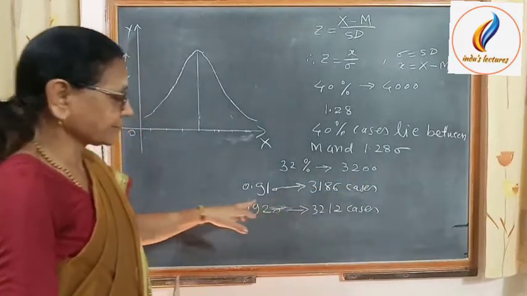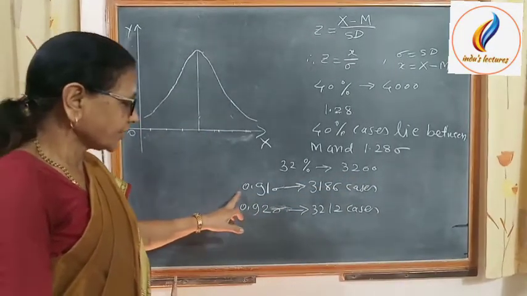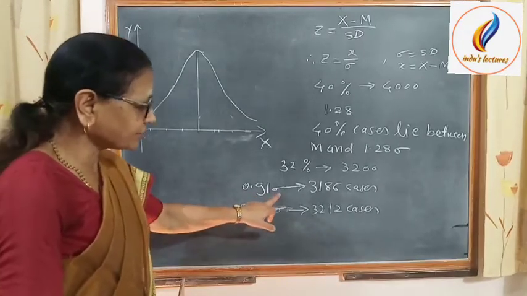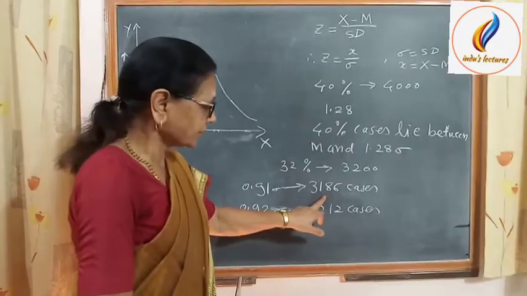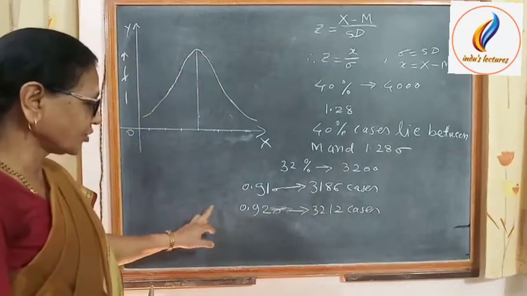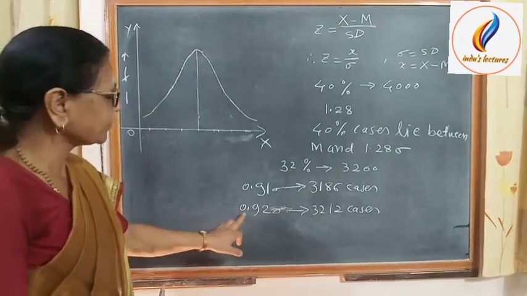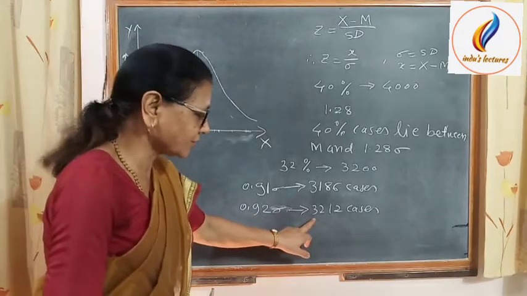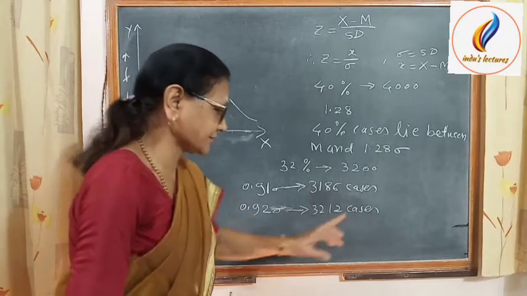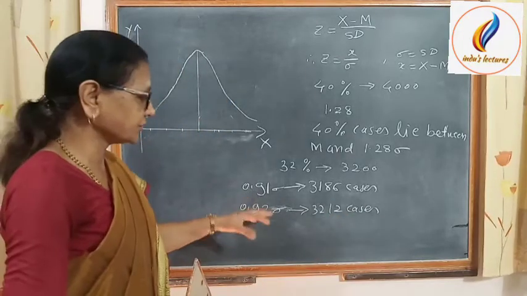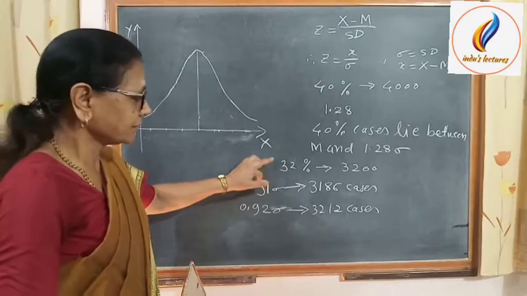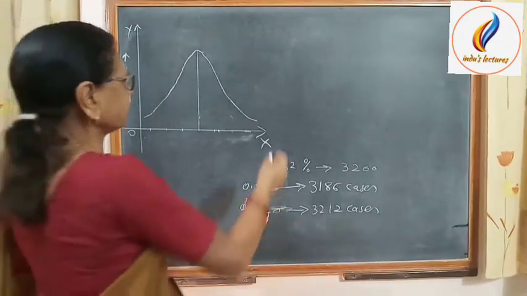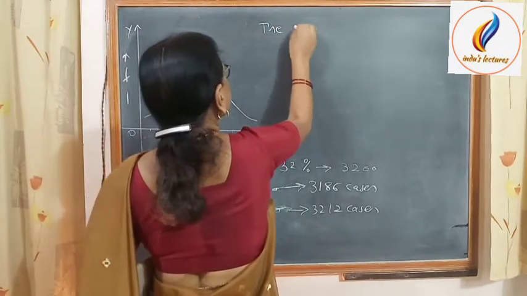We found that the number of cases between mean and 0.91 sigma are 3,186, and between mean and 0.92 sigma there are 3,212 cases. So how to consider the cases for the 32%? Interpolate.